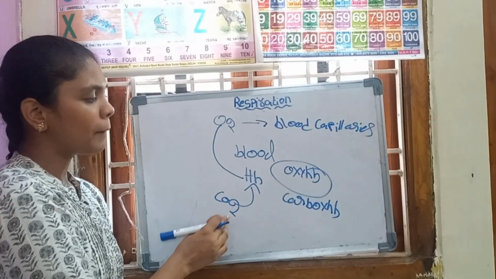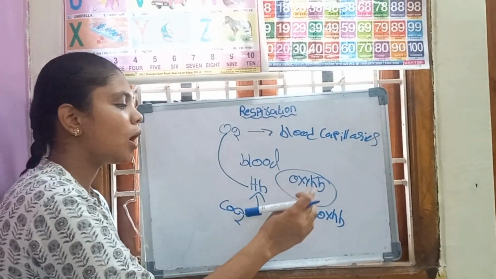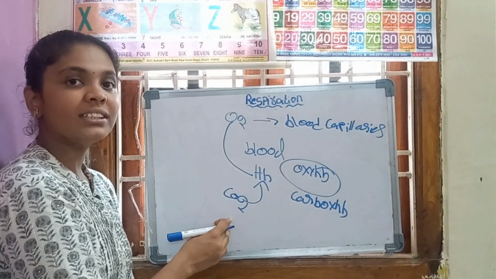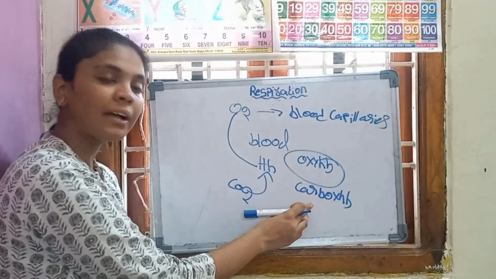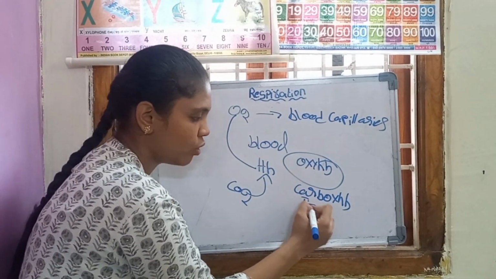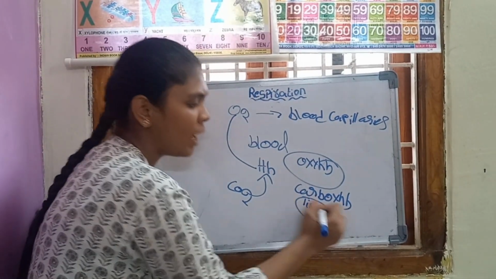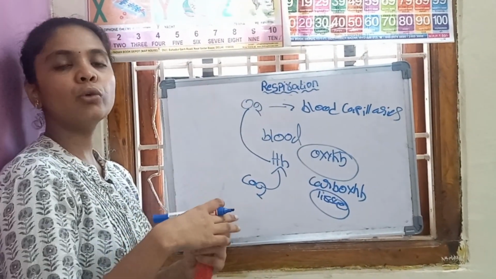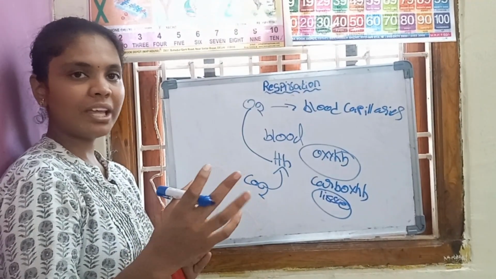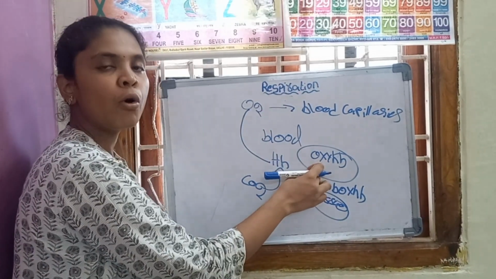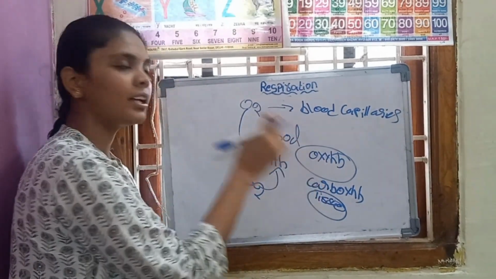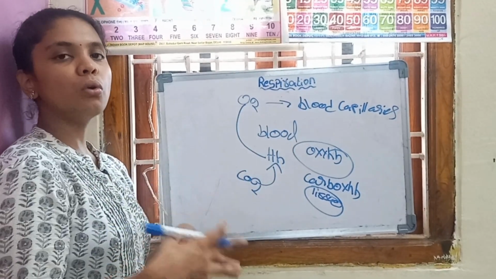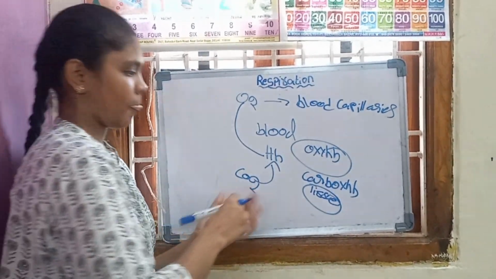When CO2 combines with hemoglobin, it is called carboxyhemoglobin. Carboxyhemoglobin formation will be more near the tissue, because near the tissue the CO2 is released. Whereas oxyhemoglobin formation will be more near the lung alveoli, where CO2 is sent out and O2 is taken in.